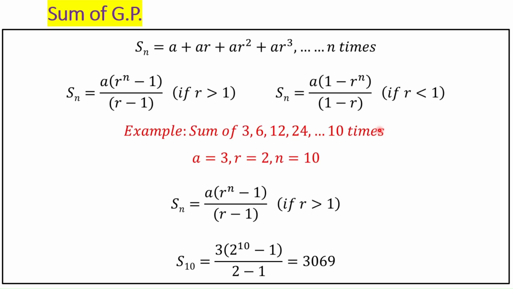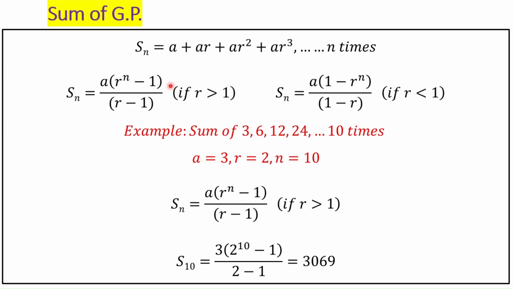Okay. So the sum Sn is equal to a plus ar plus ar square plus ar cube, and so on. You can do this the same way as the sum of an arithmetic progression problem; you can solve this very easily. So Sn equals a times r to the power of n minus 1, divided by r minus 1, if r is greater than 1.